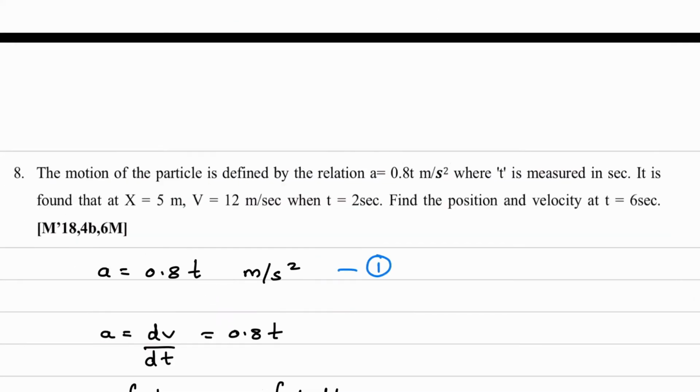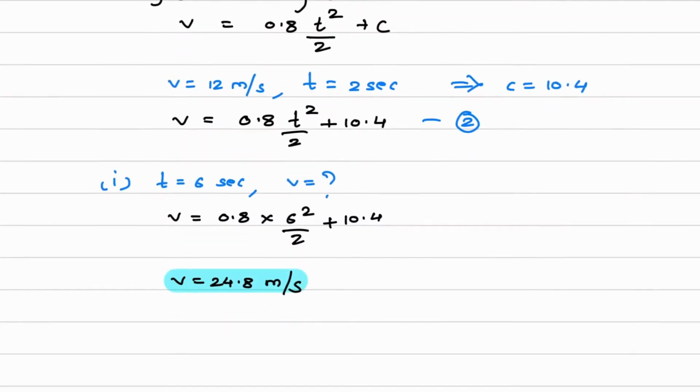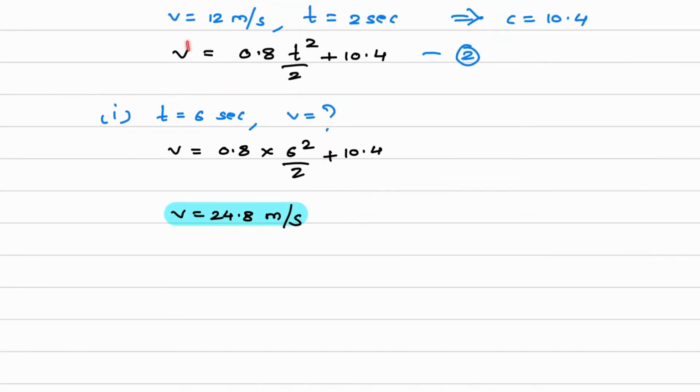What is the next part which we have to calculate? We have to calculate the position when time is 6 seconds. So we have to get a relation between time and x. Okay, what we will do is we directly have velocity part. Okay, velocity equation we have. So in place of velocity, what we can write? Dx by dt. So that will give us relation between x and t.